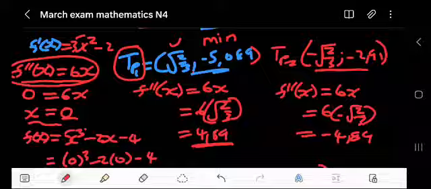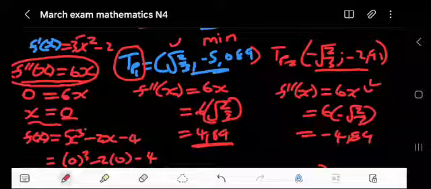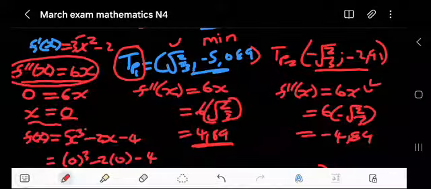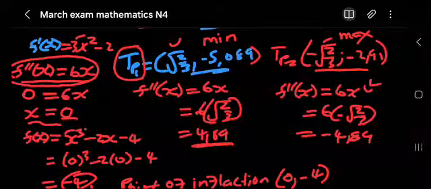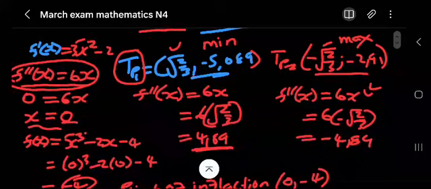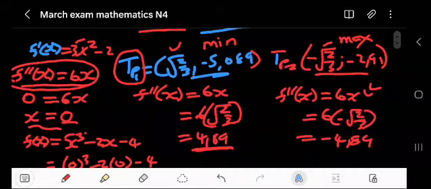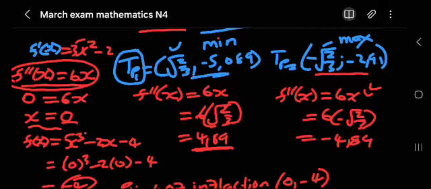So this one will be the maximum turning point. All right, that is how you go about it. So turning point 1 is the minimum, turning point 2 is the maximum.